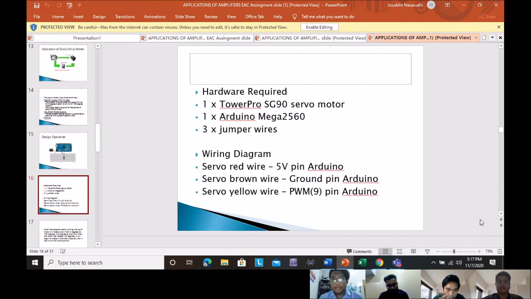For the hardware, it requires 1 Tower Pro SG90 servo motor, 1 Arduino, and 3 jumper wires. Wiring diagram: the servo red wire goes to the 5 volt pin of the Arduino, the servo brown wire to ground, and the yellow wire for the signal.